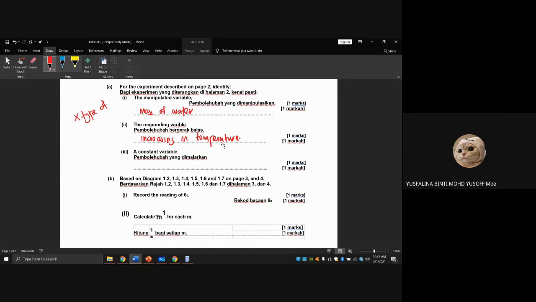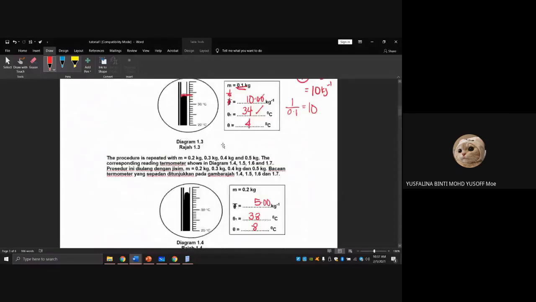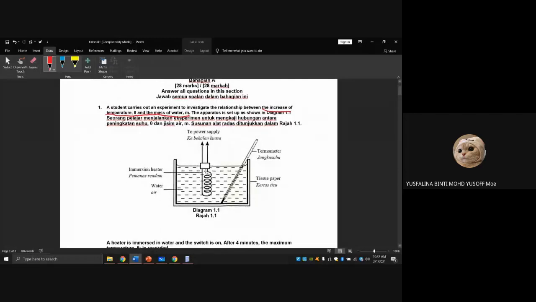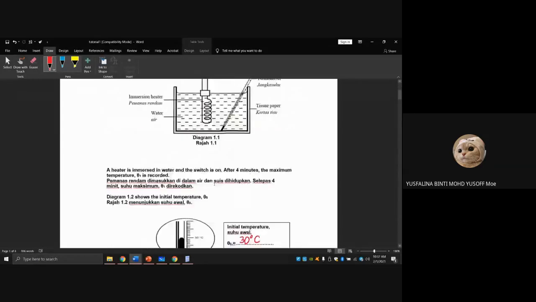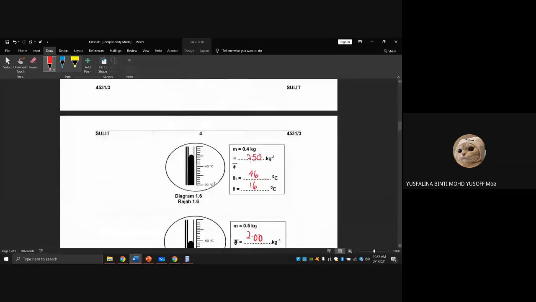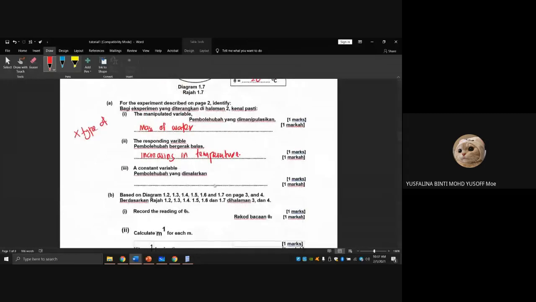The power supply gives heat, so it is the heat supplied by the immersion heater.